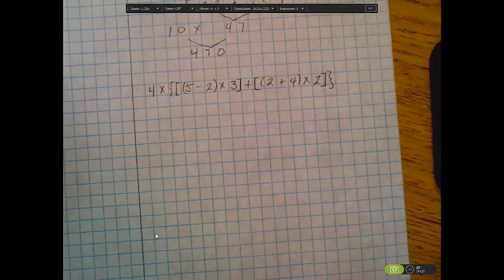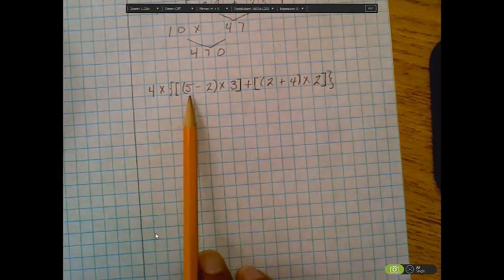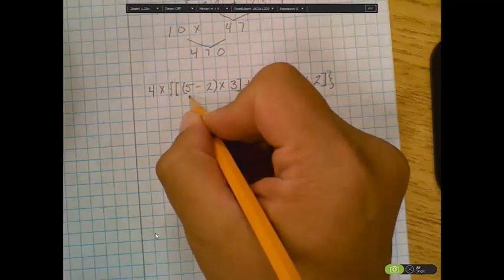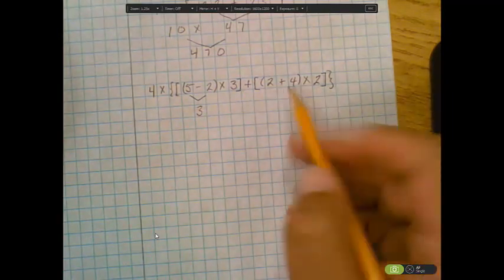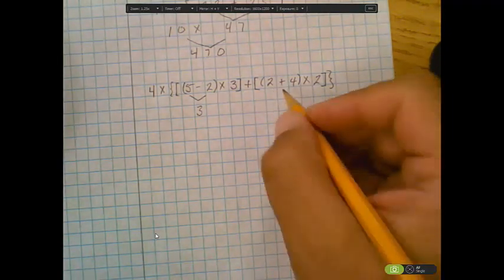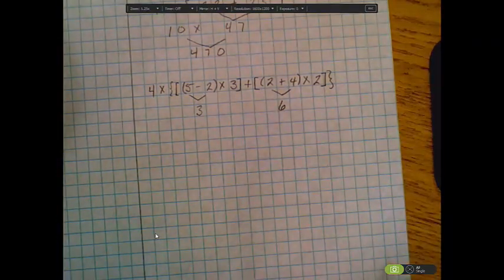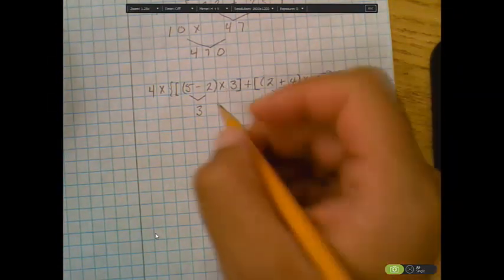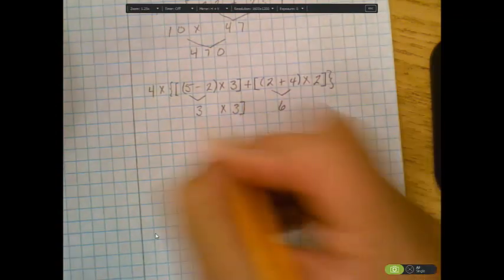Okay, so we've written the problem down, and we're going to start on the inside. And so the first one that we come across inside is the parentheses here, so we're going to do 5 minus 2. 5 minus 2 is 3. And then we have another one that's on the inside, 2 plus 4, and that's 6. And then we're going to bring everything else down. So we're going to bring down the multiplication sign and the 3, and that's inside of brackets.